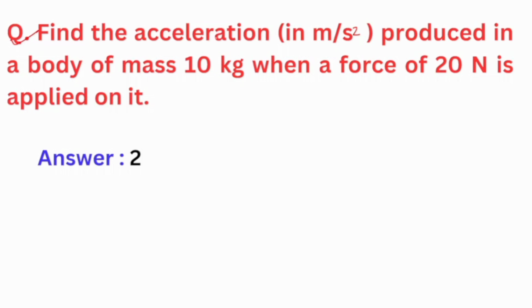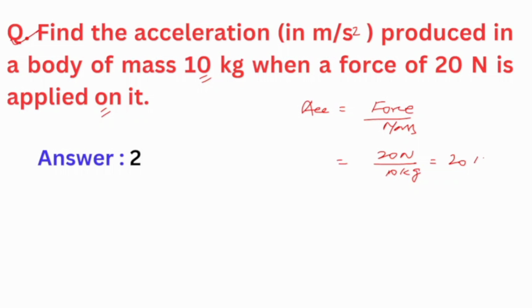Next is, find the acceleration produced in a body of mass 10 kg when a force of 20 Newton is applied on it. Okay, so let's solve this question. We already know that acceleration is equal to force by mass. So here force applied is 20 Newton divided by 10 kg. We know that Newton is 1 kg meter per second square.